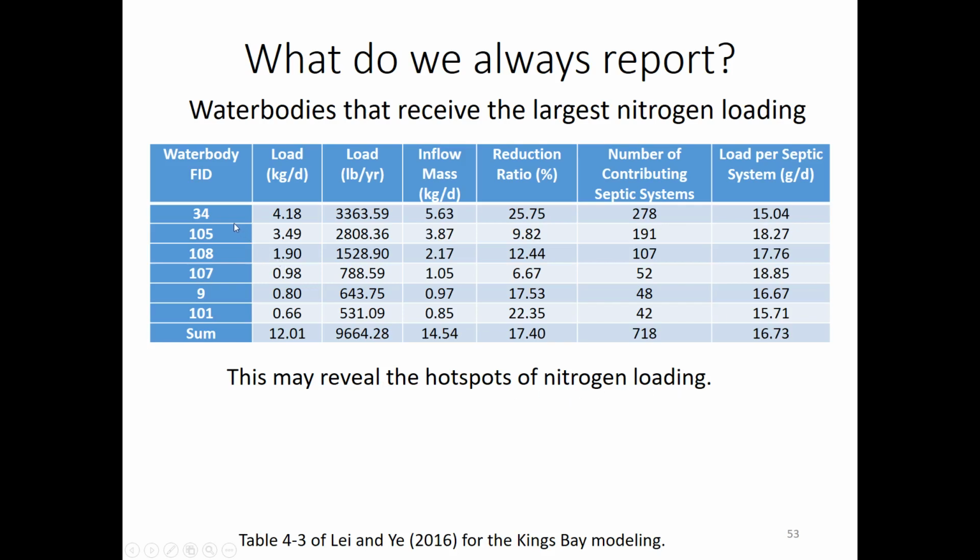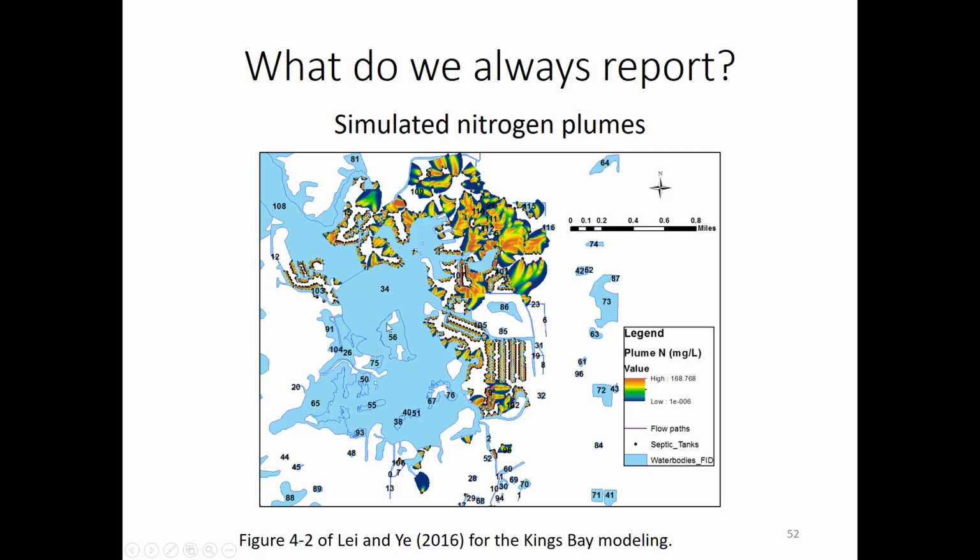Let's see, this is the 34. Let me see if we can easily find it. Yeah, so this is 34. This is FID, right? This is 81, but 34, you can tell, is for the largest part of this Kings Bay area.